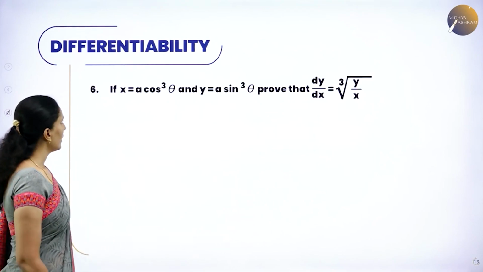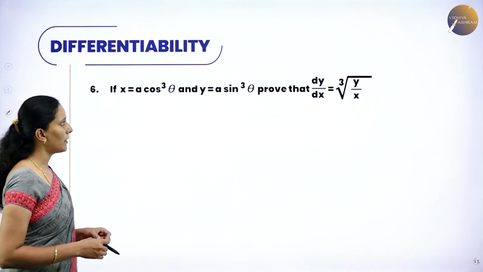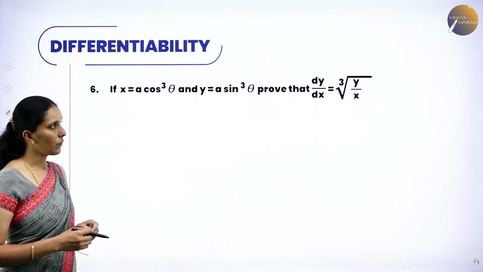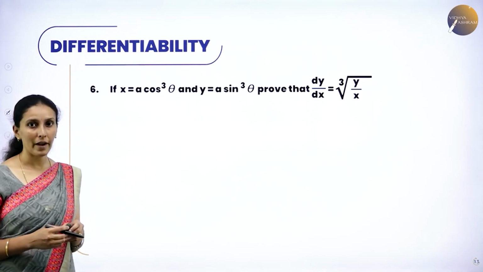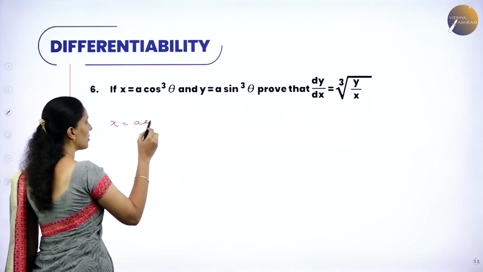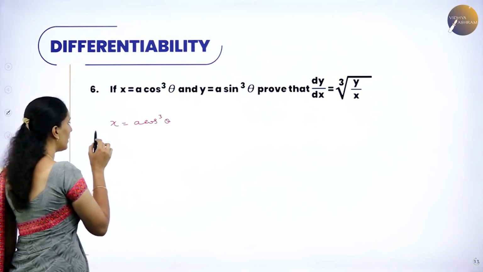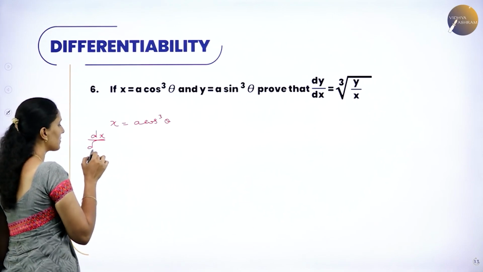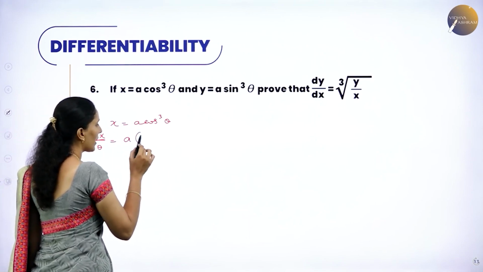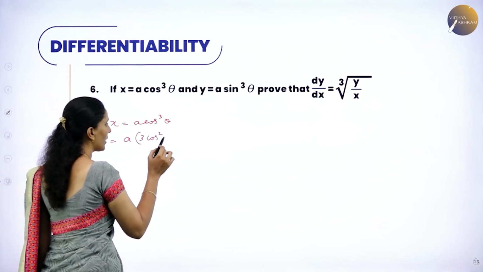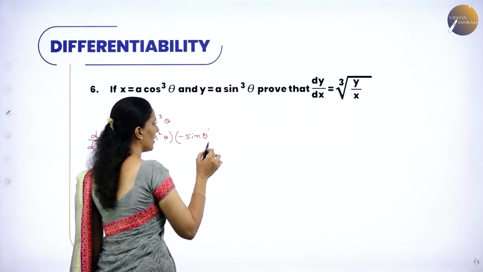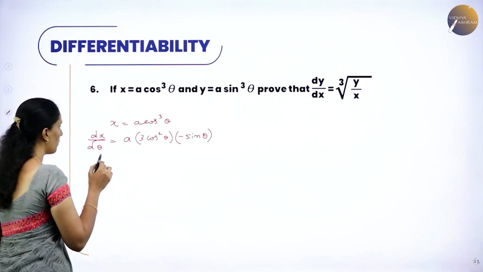Next we have, if x is equal to a cos cube theta and y is equal to a sin cube theta, prove that dy by dx is equal to minus cube root of y by x. So here we have x is equal to a cos cube theta. So derive it with respect to theta. dx by d theta is equal to a is constant. Cos cube theta can be written as 3 cos square theta, and cos theta can be written as minus sin theta, which is the derivative of cos theta.